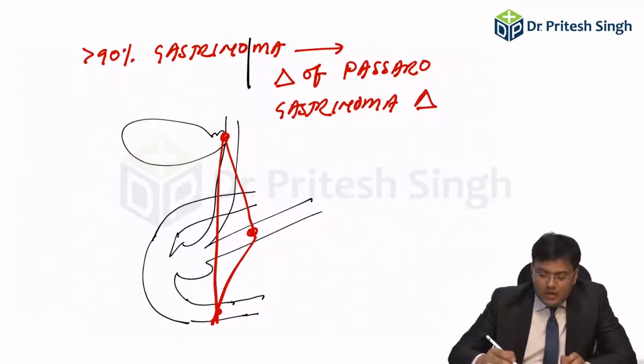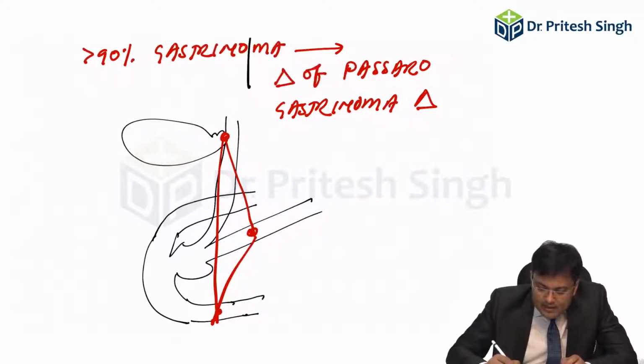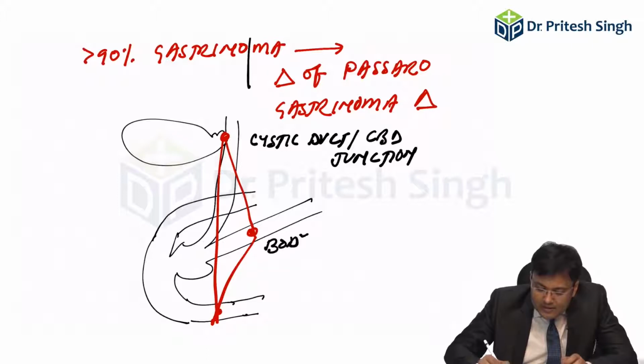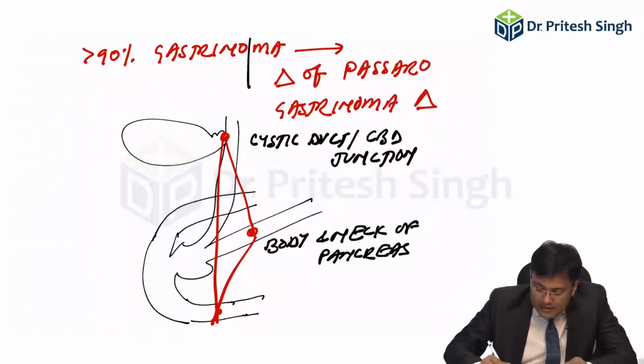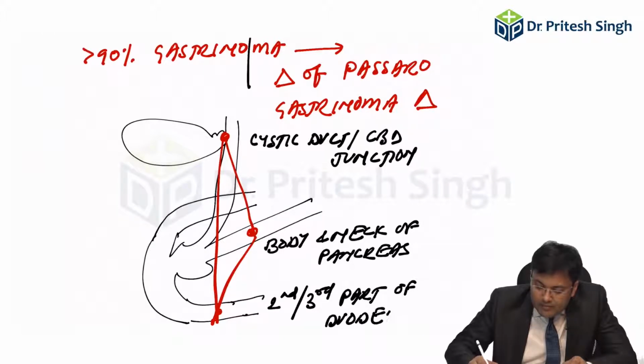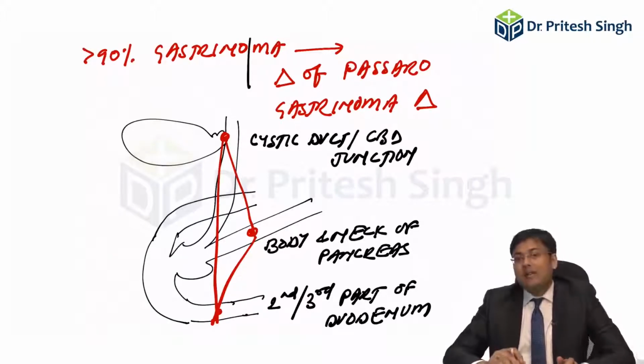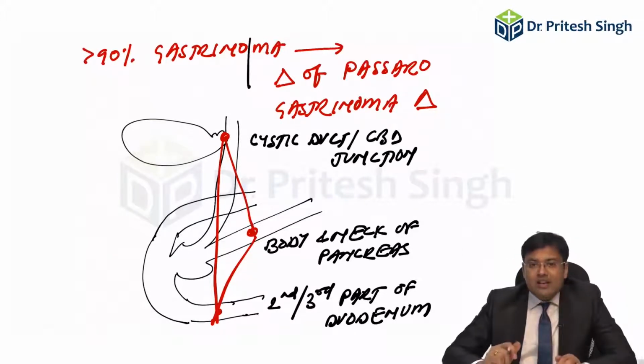So the boundaries are cystic duct, CBD junction, body and neck of pancreas, and second and third part of duodenum. So 90% of gastrinomas are located in the Triangle of Passaro or gastrinoma triangle.